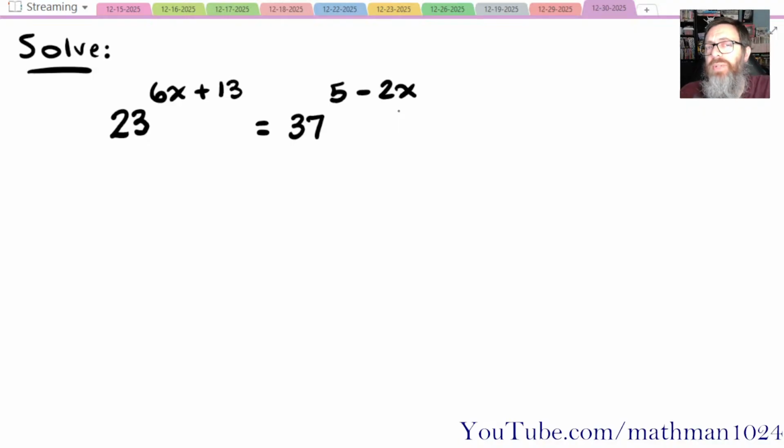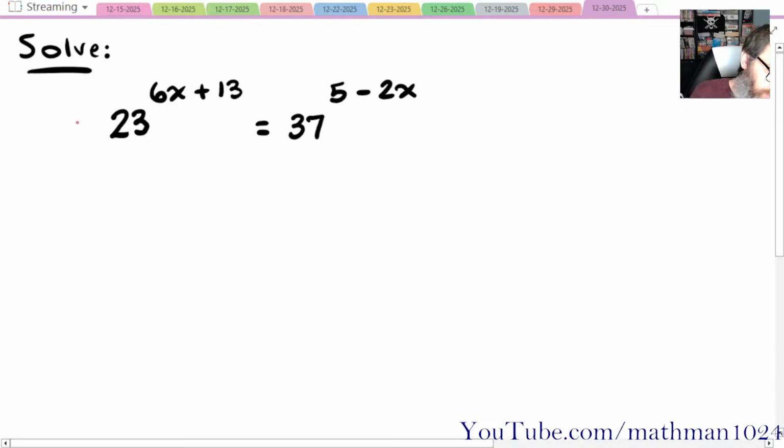Well, first we try to identify if 23 and 37 have a base that's common, that we can build to get to 23 and 37. And we can't. 23 and 37 are both prime numbers, so they're not connected. All right, so that means we need to apply log on both sides so we can bring down those powers to contain our variables into a position that is more user-friendly.